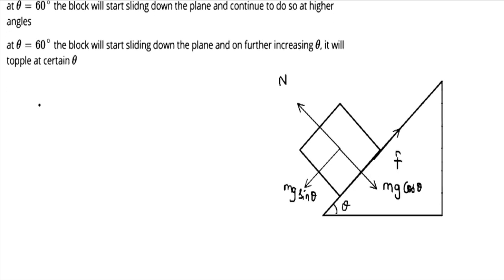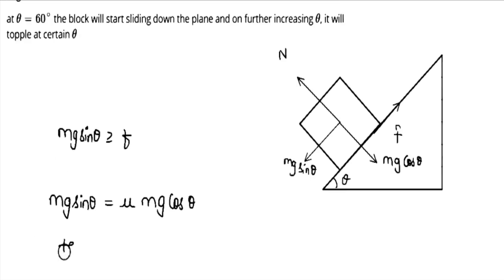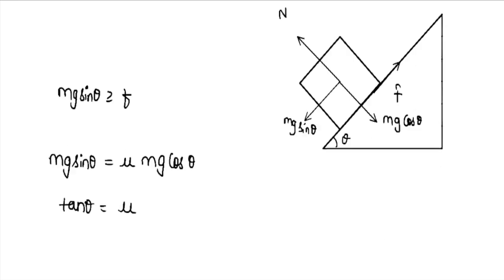So our block will slide only when mg sine theta is greater than or equal to the force. We are taking the minimum condition, so the equality sign holds. So our friction will be mu into N, and N is mg cos theta. So our tan theta will be mu. Mu is given to us as root 3.